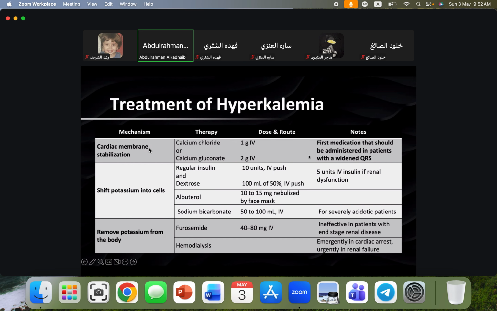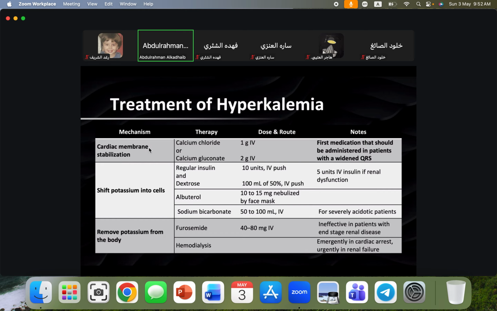And again, this should be the first medication that should be given in patients with wide QRS complexes. And some resources say this should be given in patients with any ECG change, which may include tall T wave or flat P wave. Once we see it, some resources recommend also using calcium gluconate or chloride in those patients.